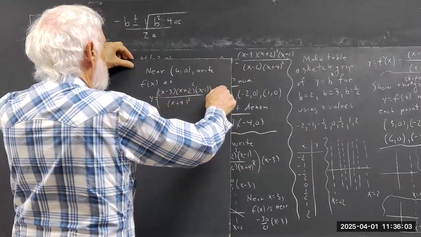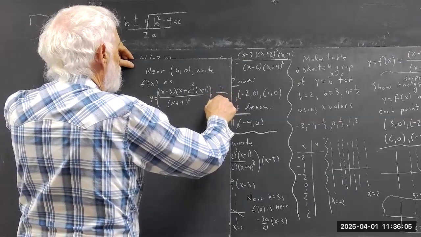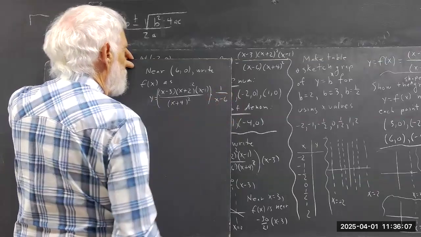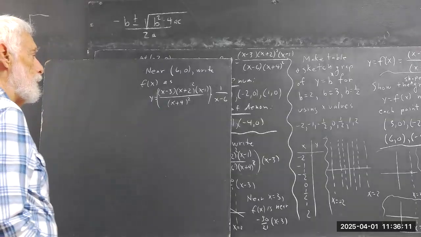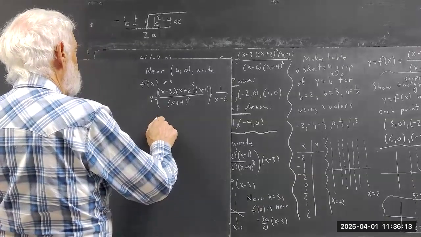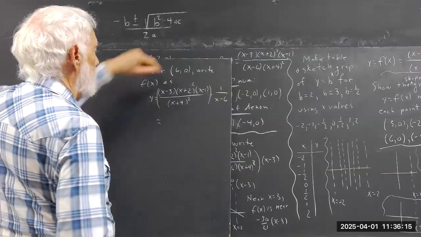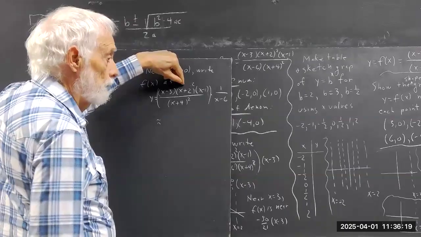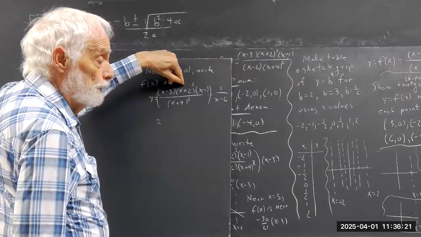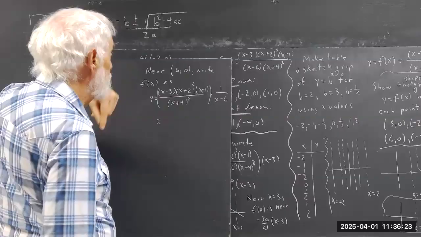well, the parentheses around this, and then it's times 1 over x minus 6. That's approximately equal to, if x is 6, you get 3 here, you get 8 squared. 8 squared, 64, 3 times 64 is 192.